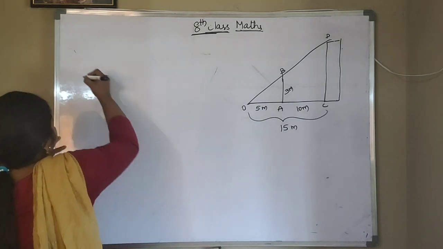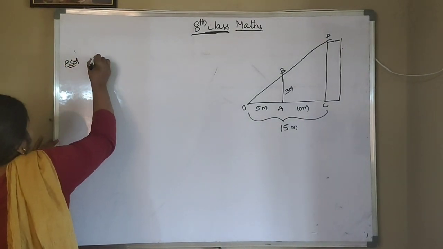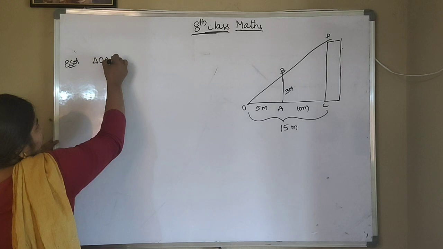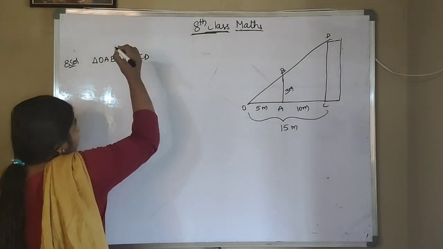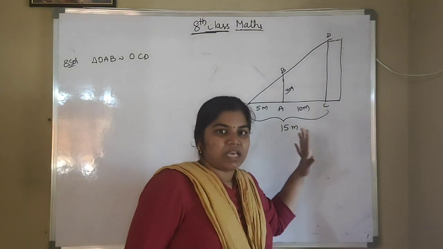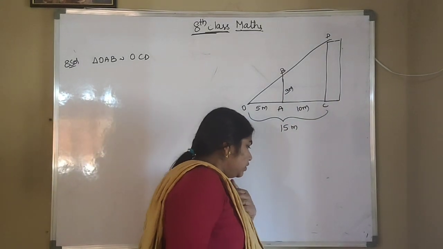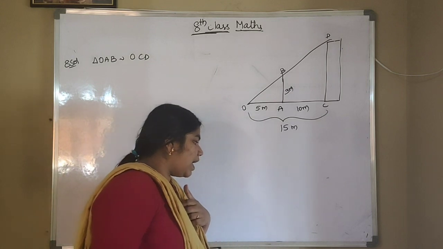So you can write here: triangle OAB is similar to triangle OCD, because the shape is the same and the size is different. The corresponding sides of similar triangles are in the same proportion.